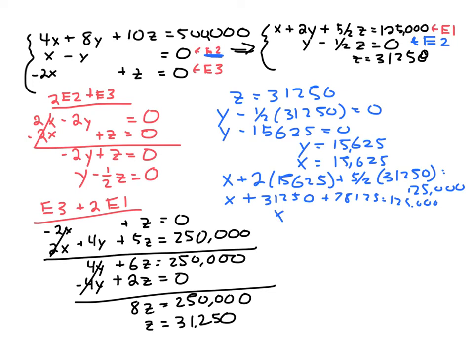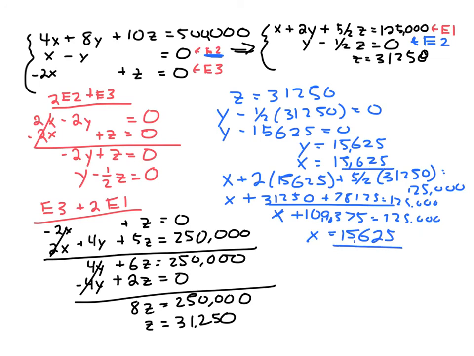If I were to add these two together, that's x plus 109,375 equals 125,000. So if I subtract 109,375 from 125,000, you get 15,625, right? So good, x does equal y, so that just verifies that all of our equations were right.